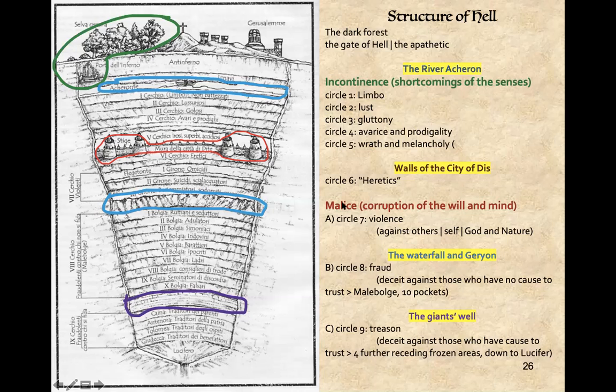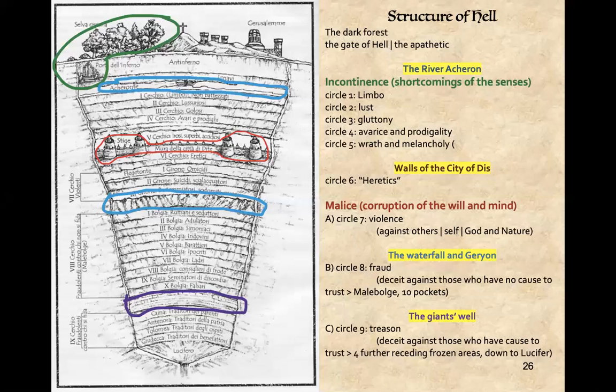Behind that, there is the 6th circle, which Dante calls of the heretics, where a major encounter, as we will see, takes place. And after that, there is another circle, which is the circle of violence. So beyond the walls of the city of Dis, the sins or the shortcomings are those that come from what, again, Virgil explained as being malice, okay?